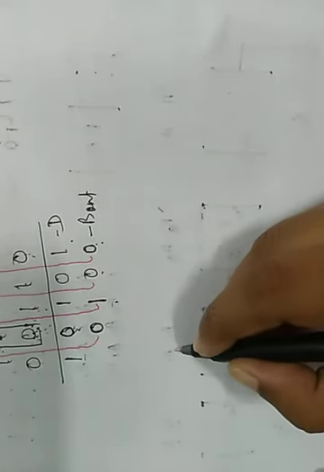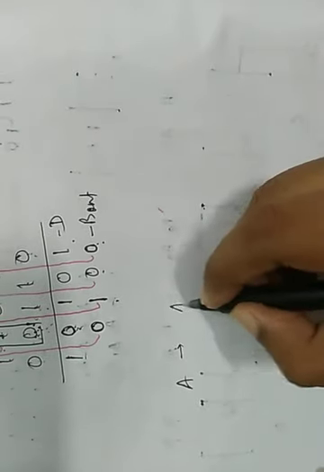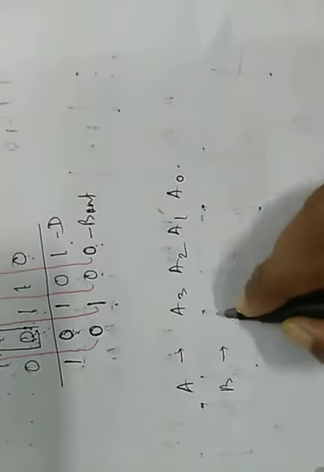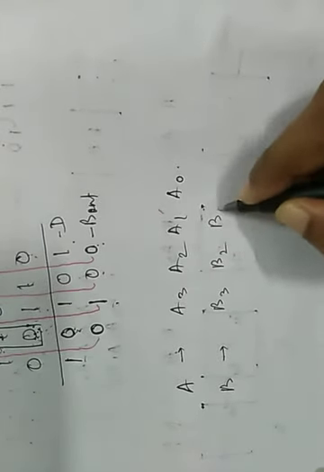Okay, so now if we write it this way, suppose we have two numbers, one is A, A3, A2, A1, A0, another number is B, B3, B2, B1, B0.